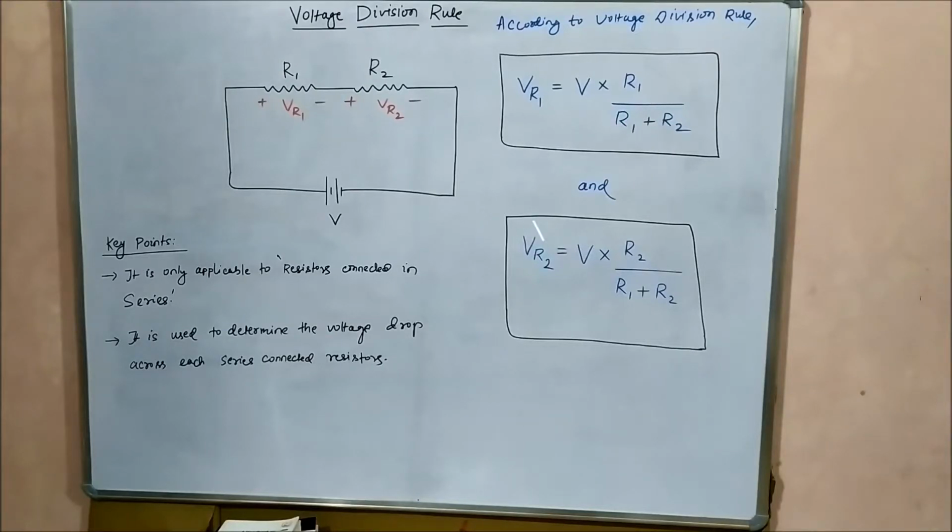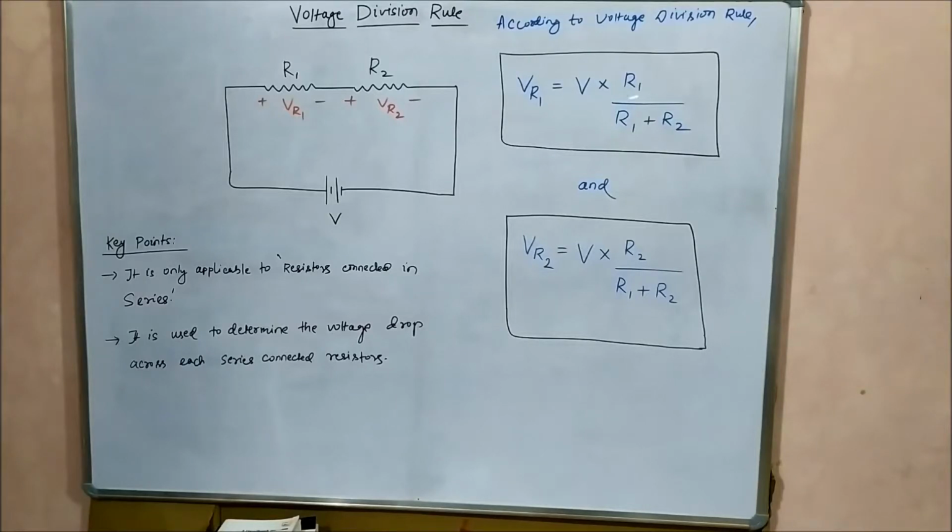Similarly, the voltage drop across R2, VR2, is equal to V into R2 by R1 plus R2. So the denominator in both expressions is the same, only the numerator changes. Whichever resistor you have to determine the voltage drop for, you simply multiply the total supply voltage with that resistance divided by the sum of the resistors in the network. Here there are only two resistors, so R1 plus R2.